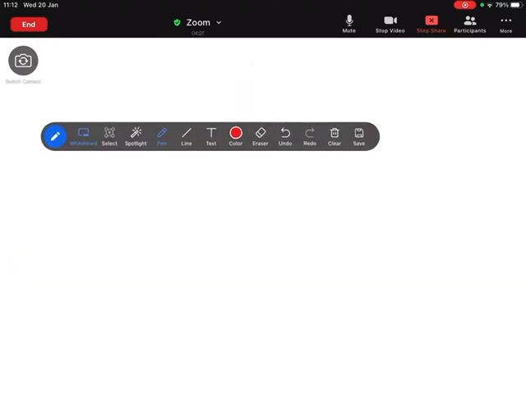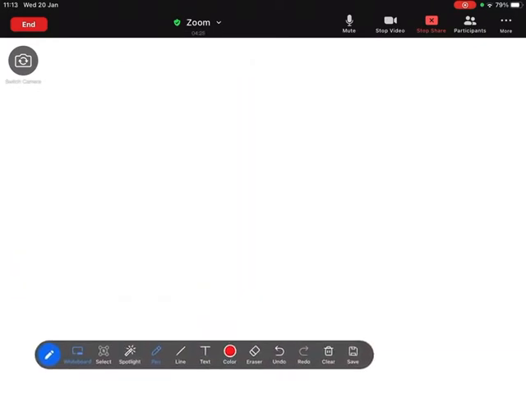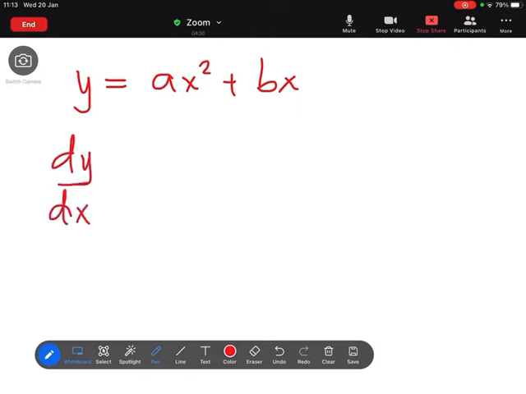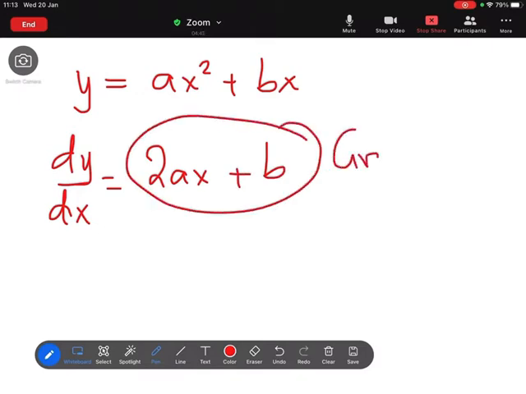Why? Under differentiation, if you have your function y equals ax squared plus bx, your dy/dx value will be 2ax plus b. And this here is your gradient function.